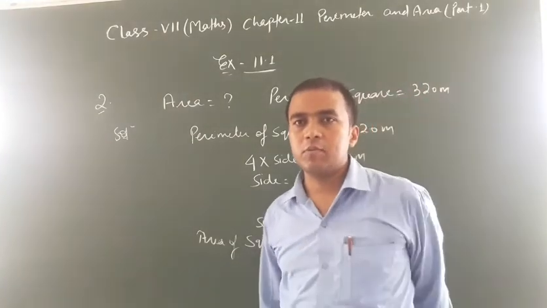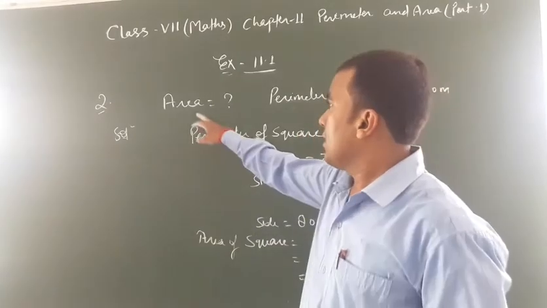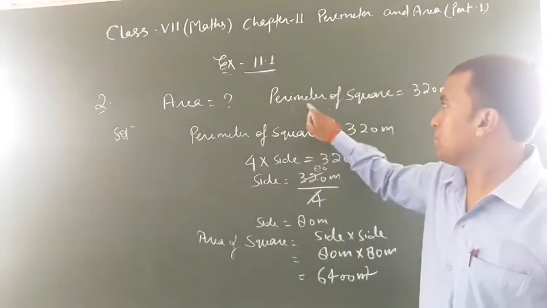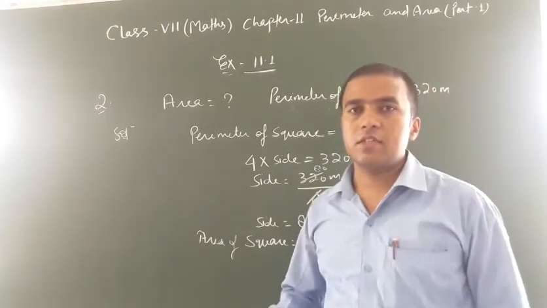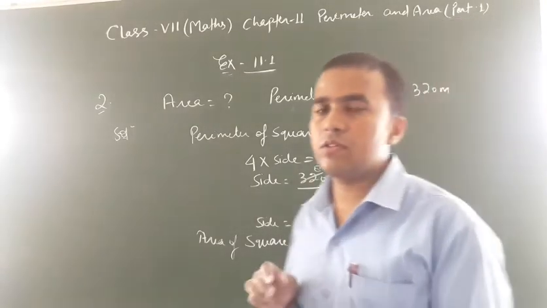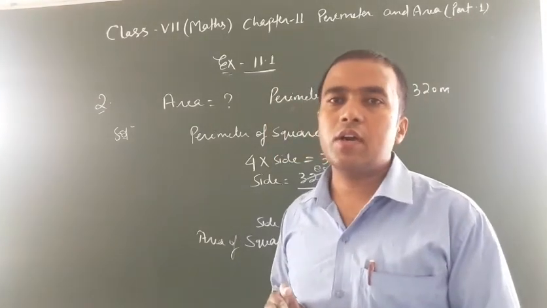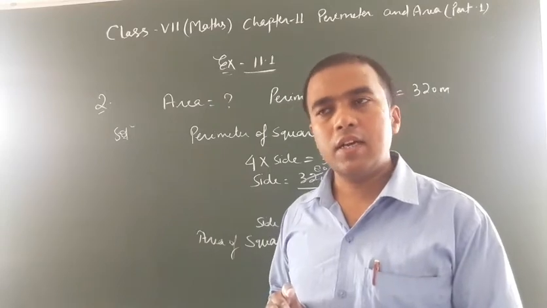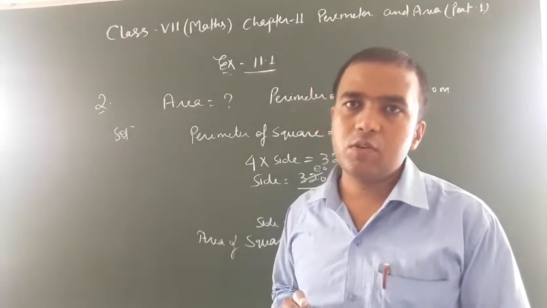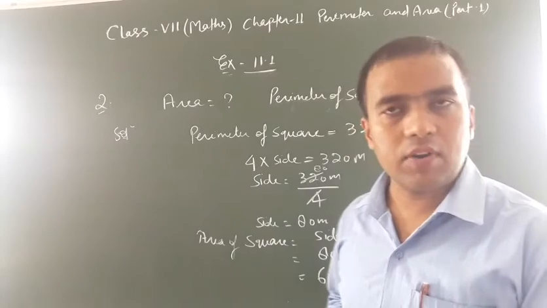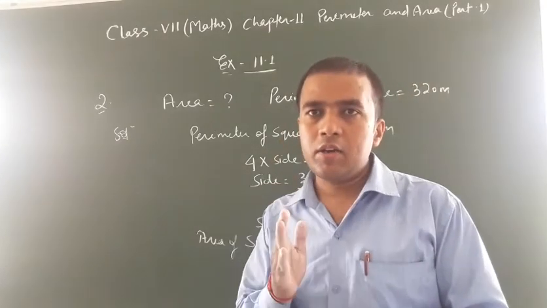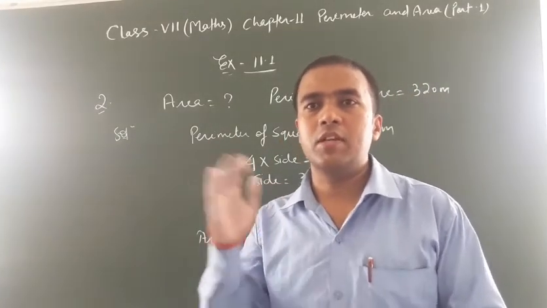Once again I am explaining. Area is asked, perimeter of square is given. Suppose this type of question is given, first of all you will find the value of side, because without the side value you cannot find the area value or perimeter value. Clear?